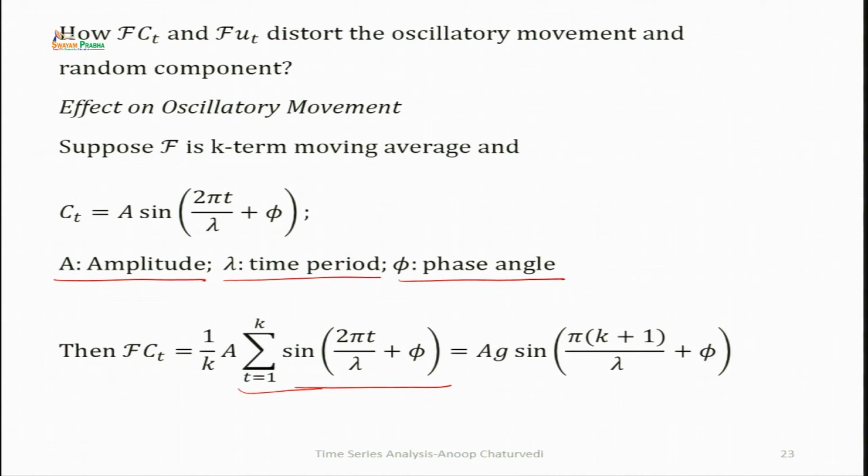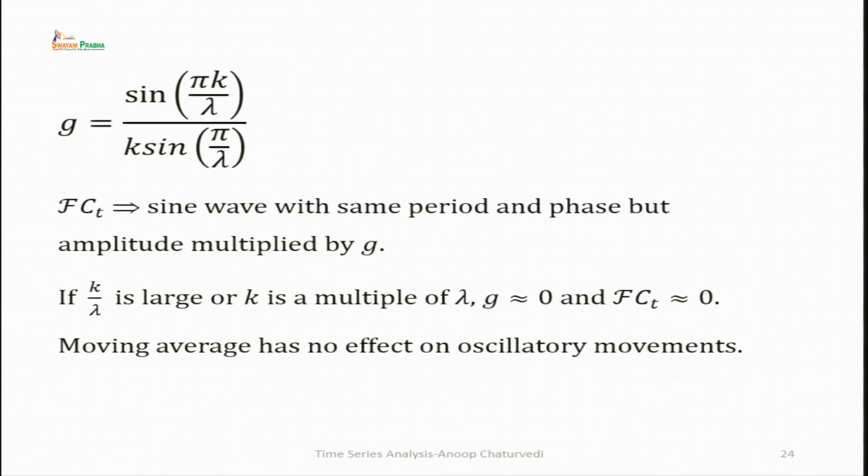So, the original amplitude was A, now the amplitude of the new series after taking the k term moving average is A g, where g is equal to sin pi k upon lambda divided by k sin pi upon lambda.